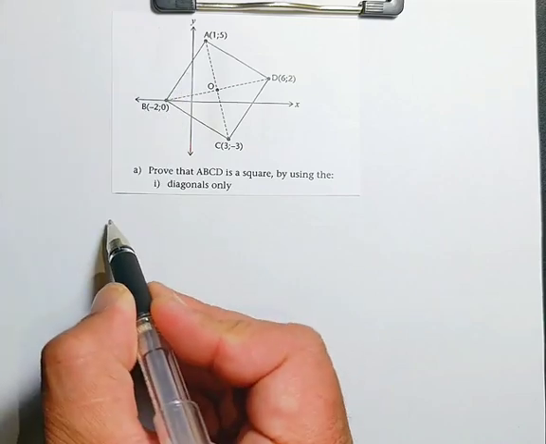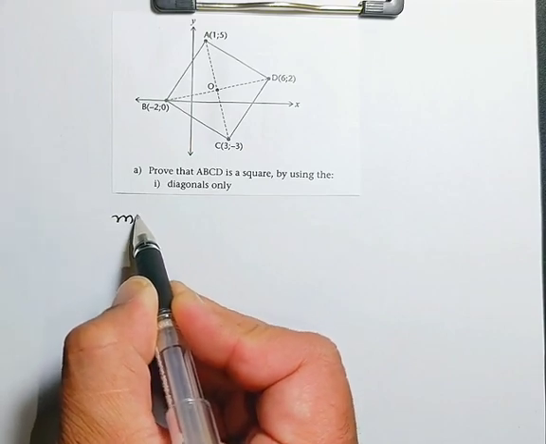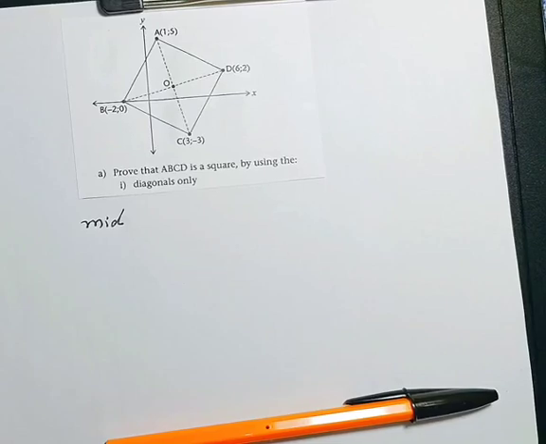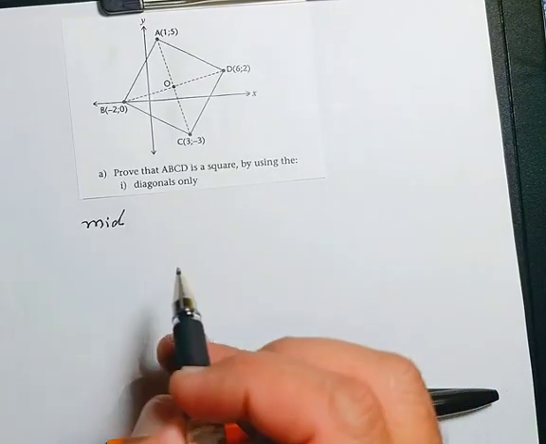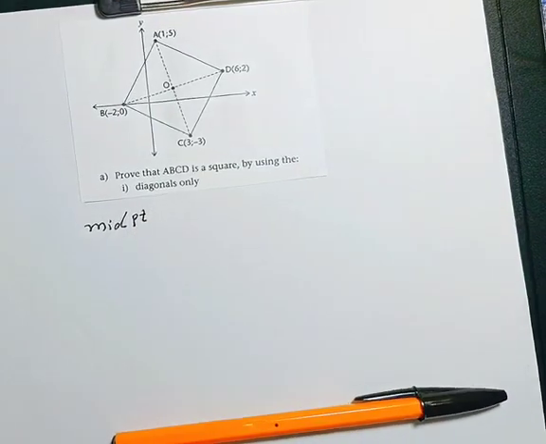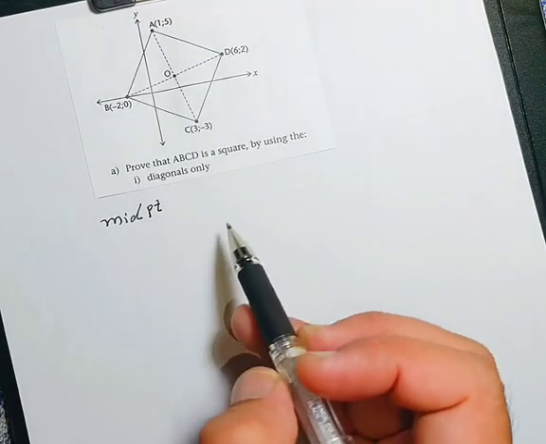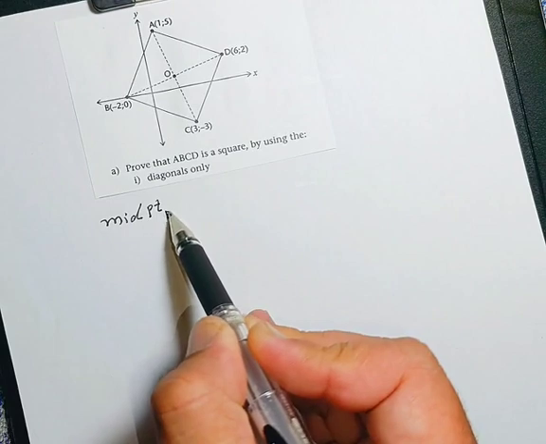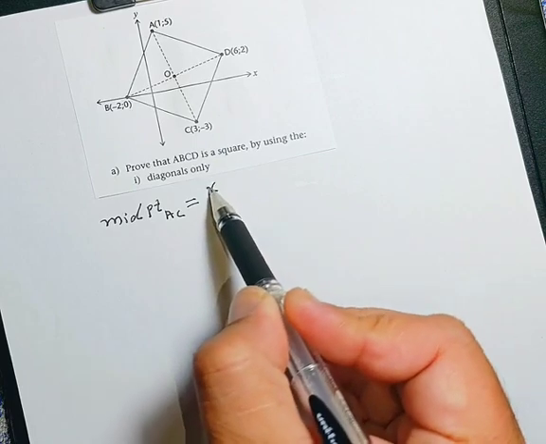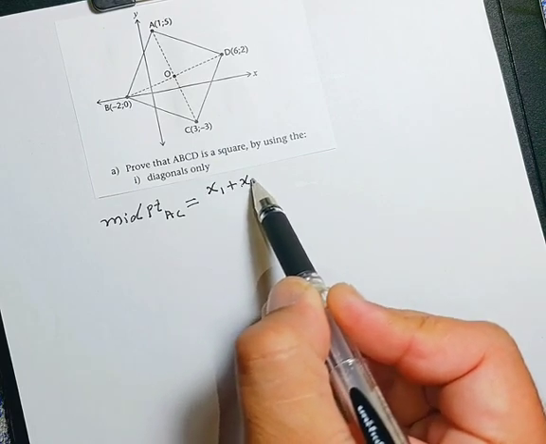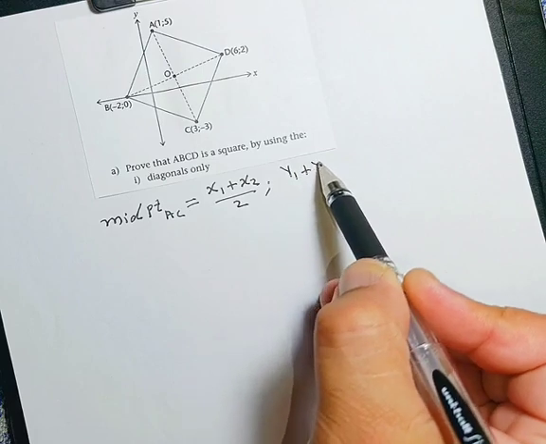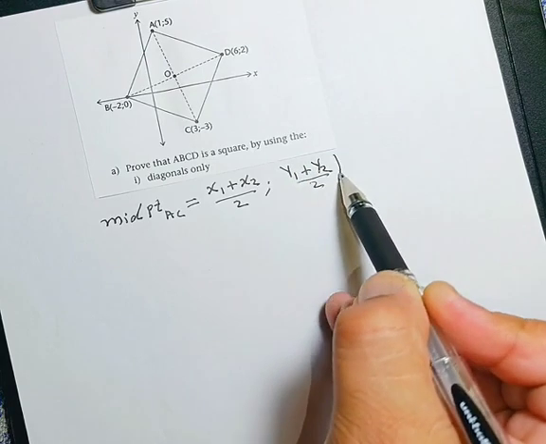So the midpoint of AC, and we're going to apply the midpoint formula, which is x1 plus x2 divided by 2, and y1 plus y2 divided by 2.